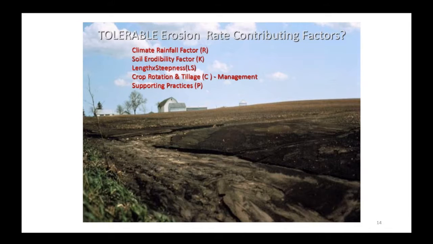Contour strip cropping, terraces fall into that category of supporting practices in which we can cut that LS, or that slope, in half. So again, what two variables within the universal soil loss equation do you as a planner and the producer have control over? Which is C and P.